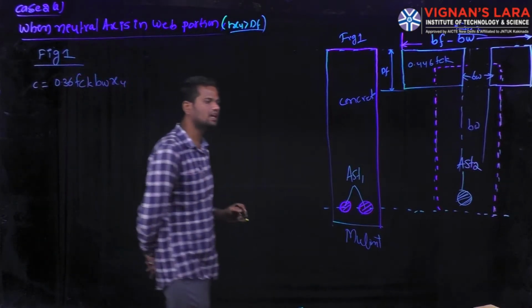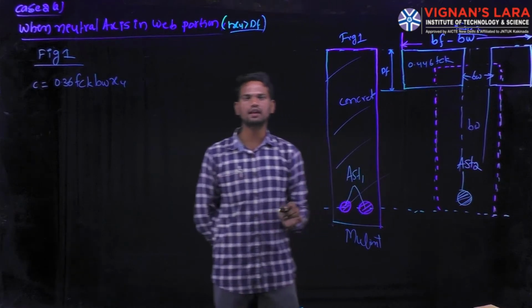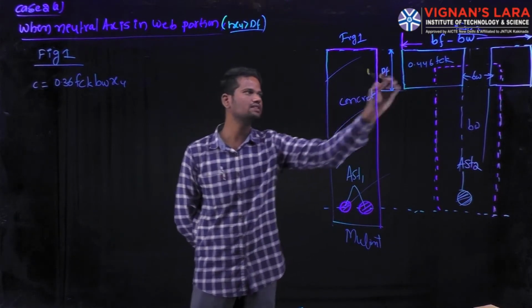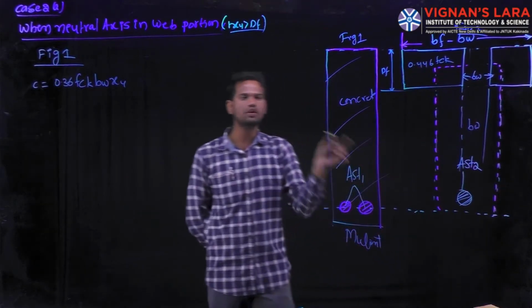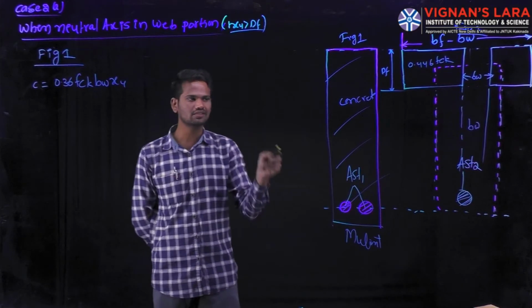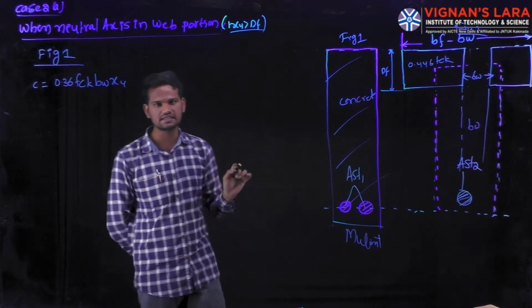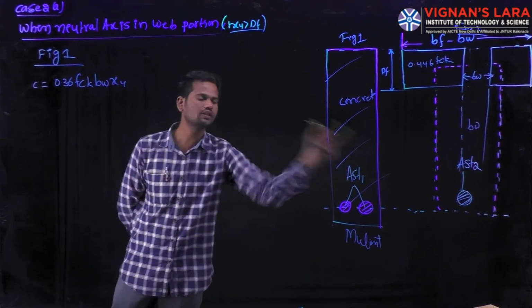If you see here, this is the web portion of our regular T-beam. That means in the T-beam, this is the flange portion and this is the web portion. Now, in our present condition, our neutral axis lies in the web portion. Hence, we have to take the width of the web.